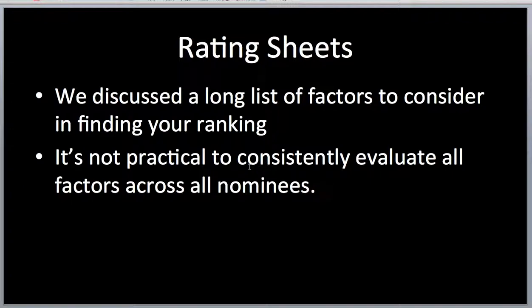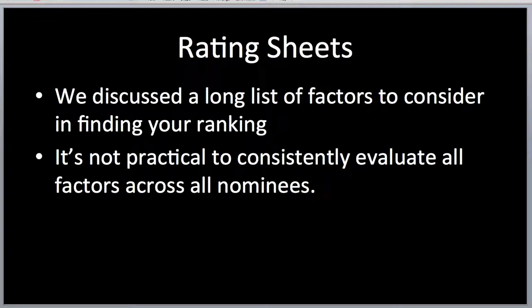I should mention also that you'll find, and it's fairly obvious, that it's not practical to consistently evaluate all factors across all nominees. So we're doing apples to oranges here in many cases. You just have to do the best you can and put down some numerical values that will assist you with coming up with a ranking.